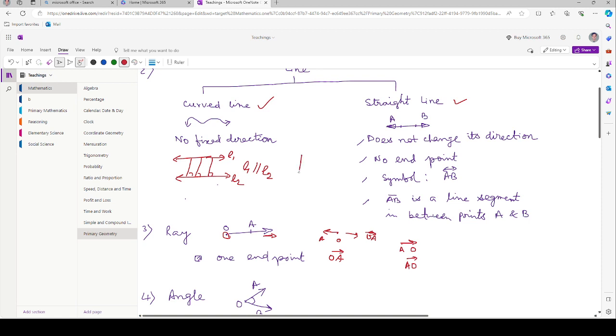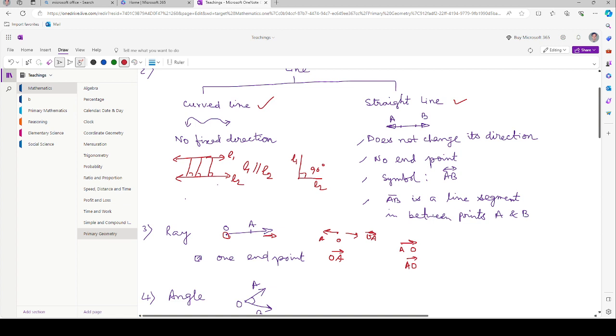Say two lines are like in the figure, lines that intersect at a right angle, that is 90 degree, known as perpendicular lines.